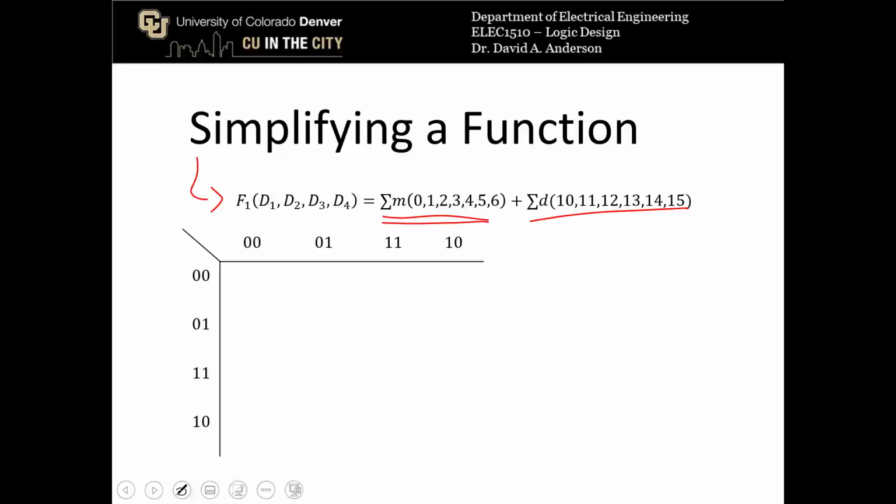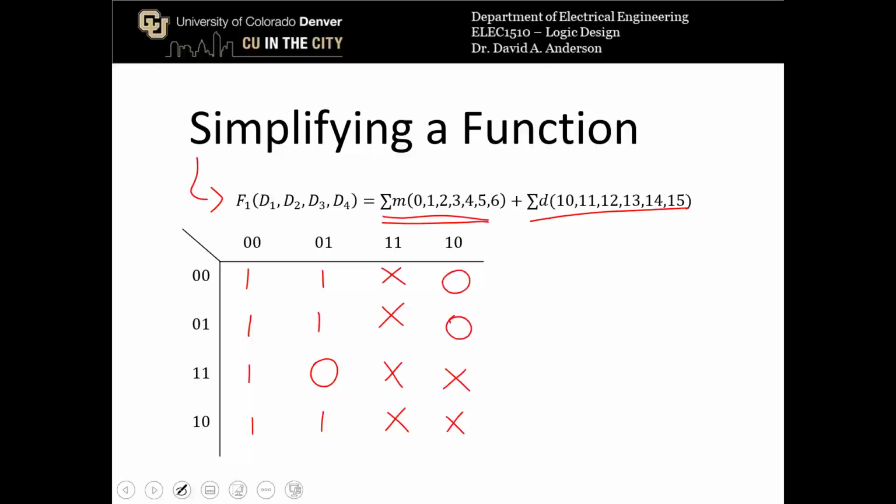So let's go in and fill in the ones first. That's 0, 1, 2, 3, 4, 5, 6. Then the don't cares are 10, 11, 12, 13, 14, 15, and then zeros for the remaining minterms.